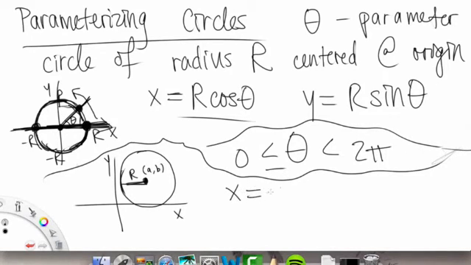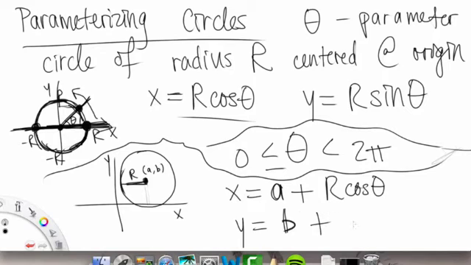So x is going to be not only R cosine theta, but we're going to add the a from the center, because that's the x coordinate of the center, plus whatever R cosine theta is. And likewise with y, we're going to add the y coordinate of the center, b, and then plus R sine theta.